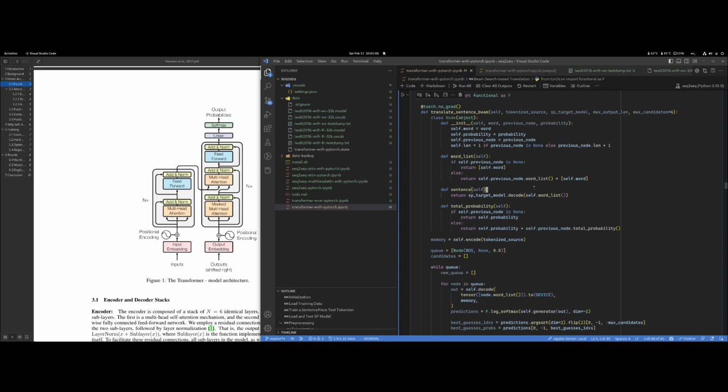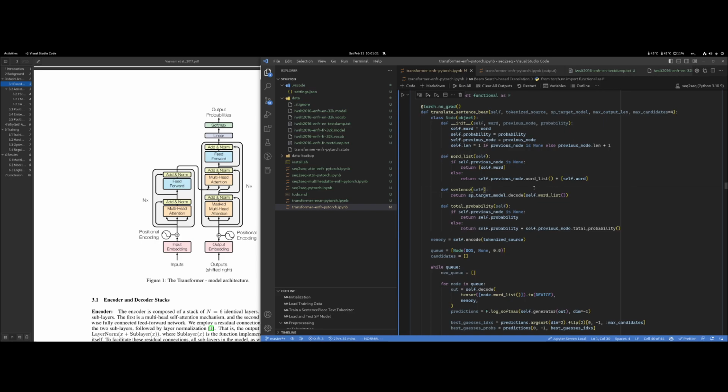But that could have a problem sometimes, in that it gives you some weird translation, because it's always following a greedy approach. Instead of trying to look at the bigger picture, it always takes the best fit. That's known as a greedy search, and it's not always ideal.